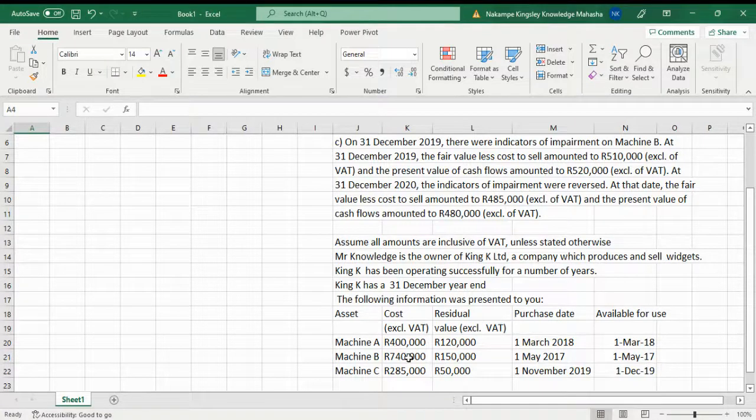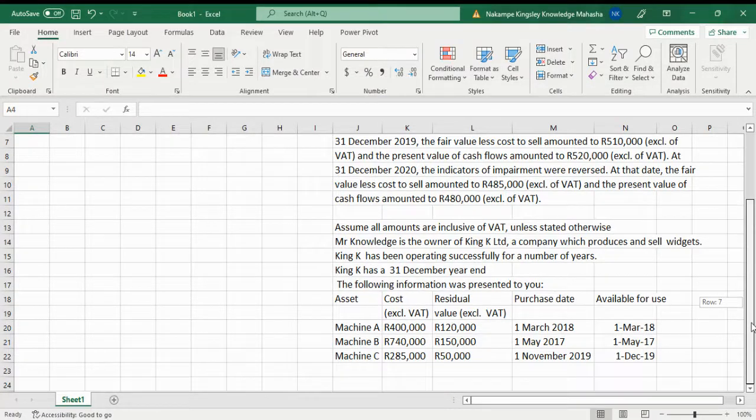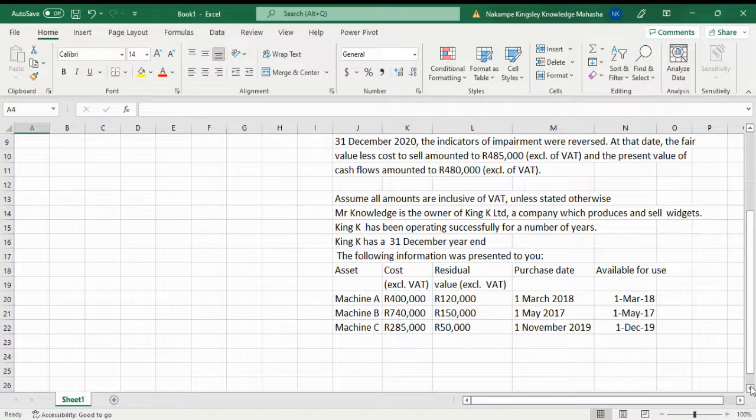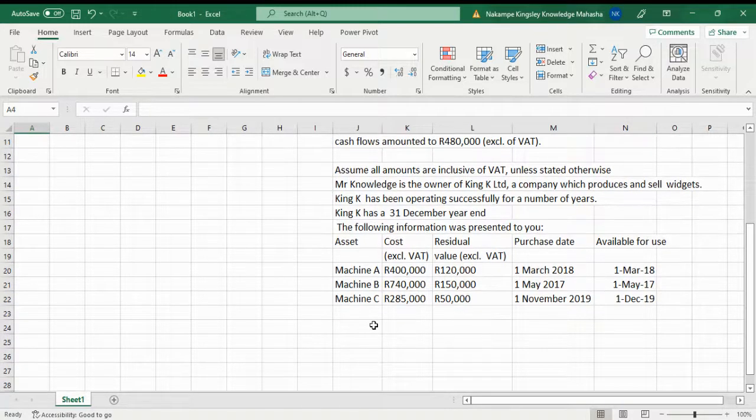Remember that we only start depreciating an asset when it's available or ready for use, but not when the business started using it. Whenever the asset is ready and available for use, we start depreciating.